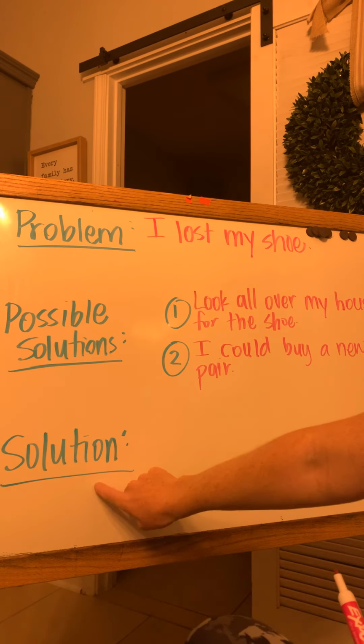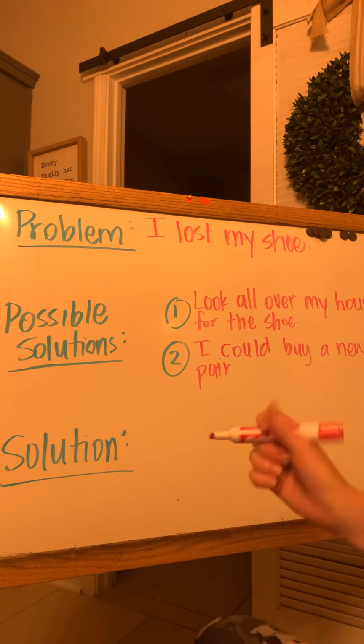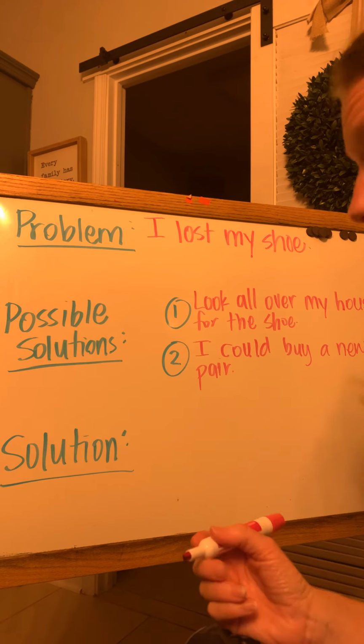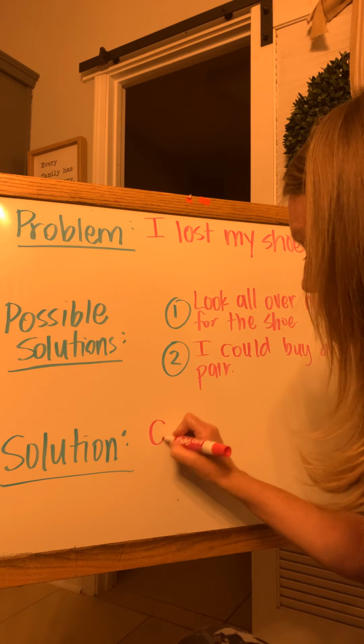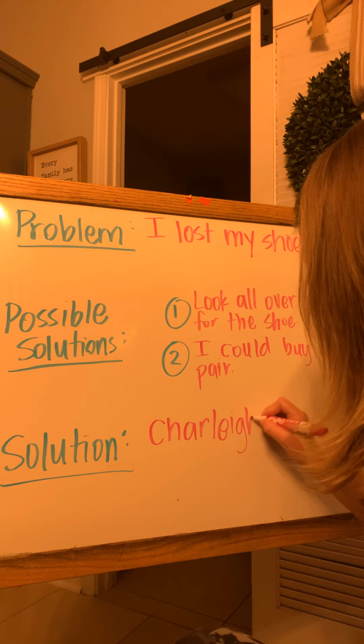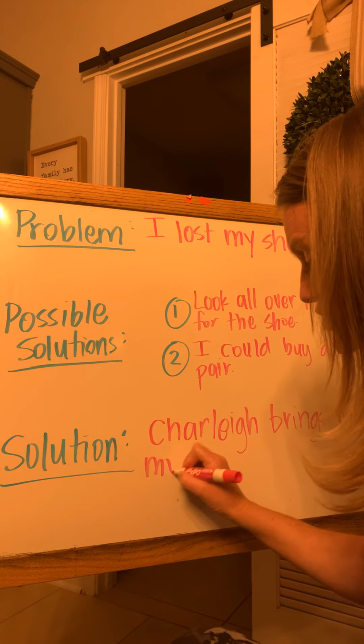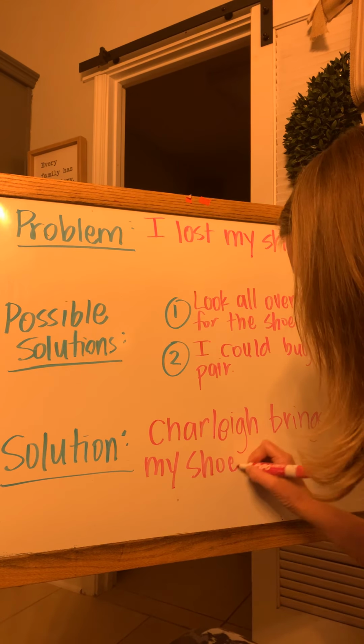Now I need to figure out what is my one solution. What's going to be the one thing that I'm going to do. So these are possible things that could happen. My solution is going to be something totally different. Charlie brings me my shoe when I ask.